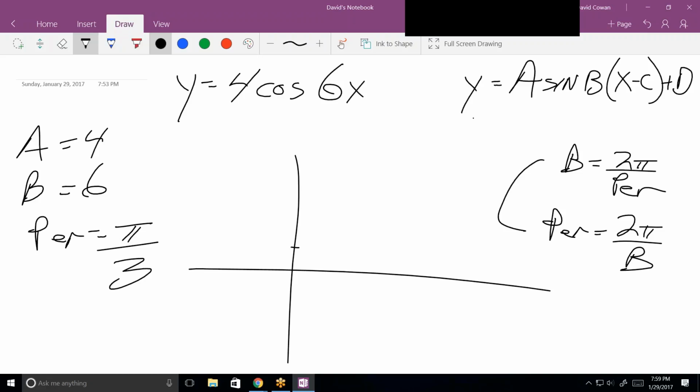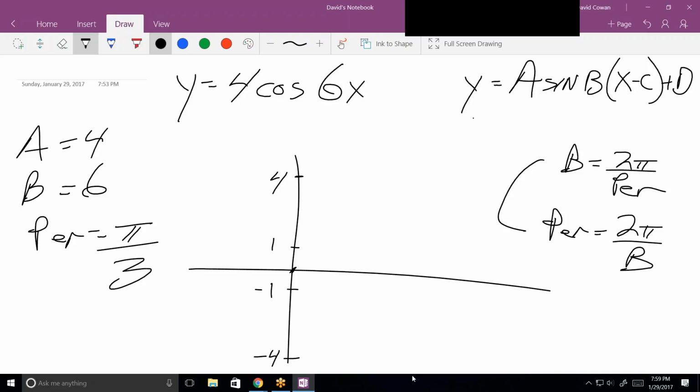Now, that's all I need to graph it. If that's 1, and that's -1, and there's no phase shift, this is a cosine function, so I'm starting at the origin. So this is one of my quarter points. I don't want to draw that yet because the amplitude stretches this thing up to 4 and down to -4.